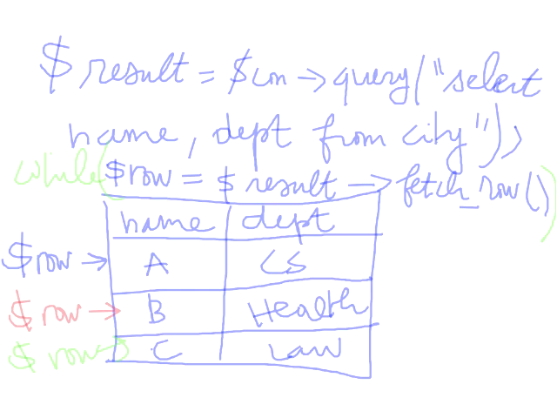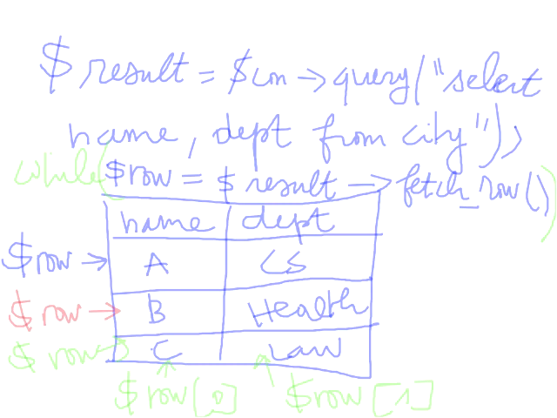So $row 0 means the first column, and $row 1 means the second column. So in the first iteration, $row 0, the value is A. In the first iteration also, $row 1, the value is computer science.